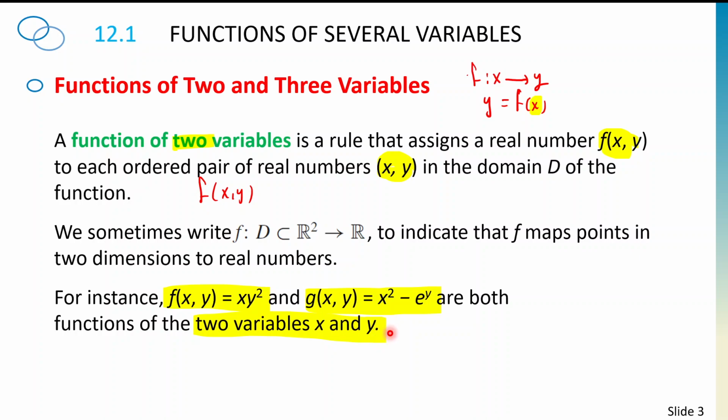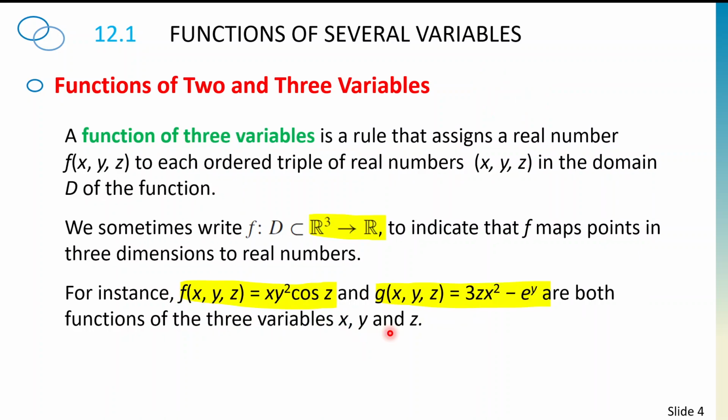Now, can we have a function in three variables? Yes. In four variables? Yes. It's of several variables. But for the purpose of this chapter, we're going to do only two and three variables. If it's a function of three variables, then I'm not going to have only an ordered pair. This is now an ordered triple, which is basically like (x, y, z) in three-dimensional space.